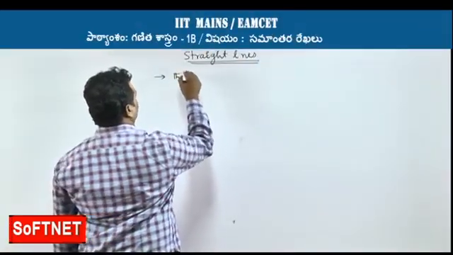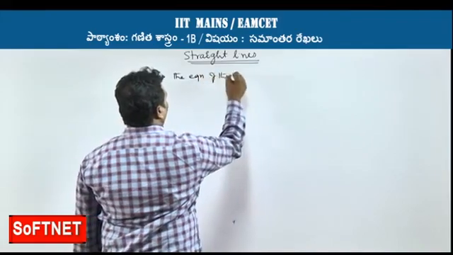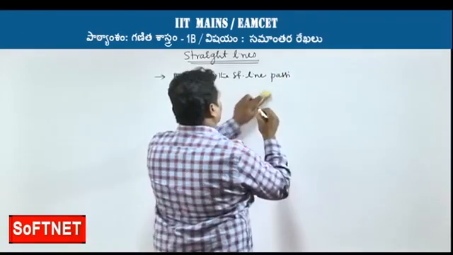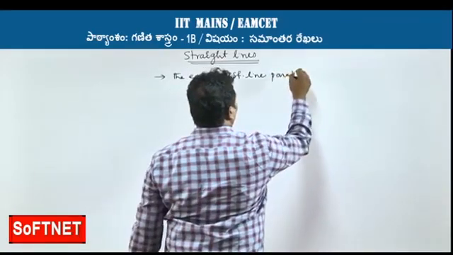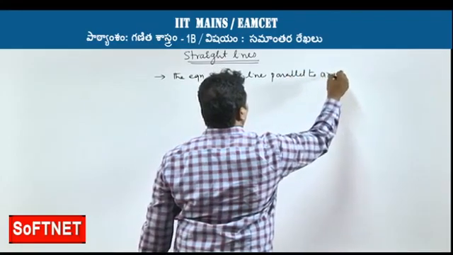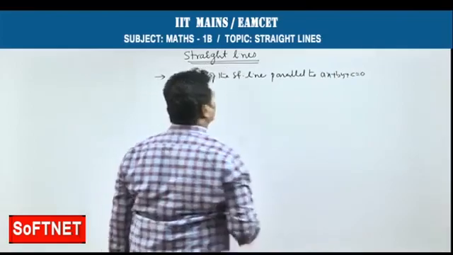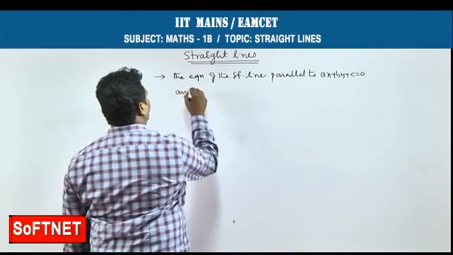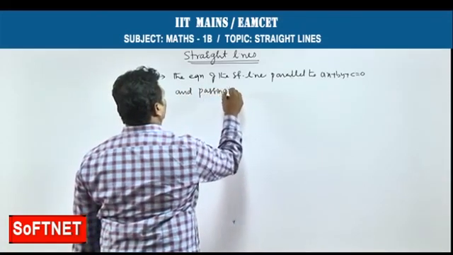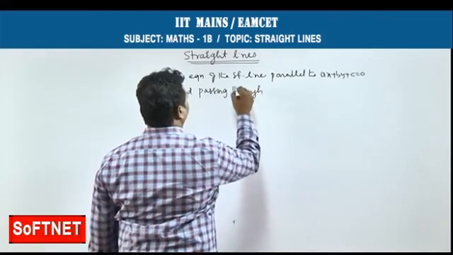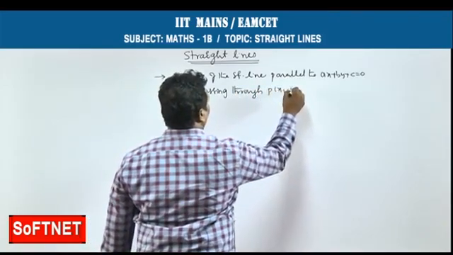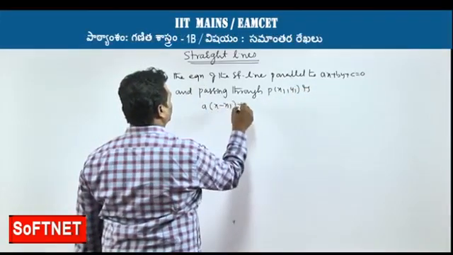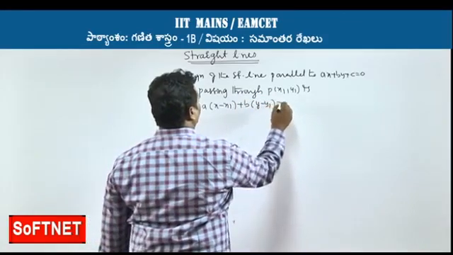Next point is the equation of the straight line parallel to ax plus by plus c equal to 0. The equation of the straight line parallel to ax plus by plus c equal to 0 and passing through P of x1 comma y1 is of the form a into x minus x1 plus b into y minus y1 equal to 0.